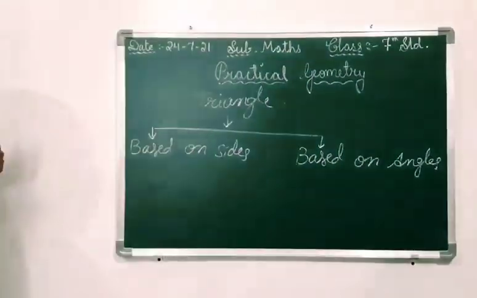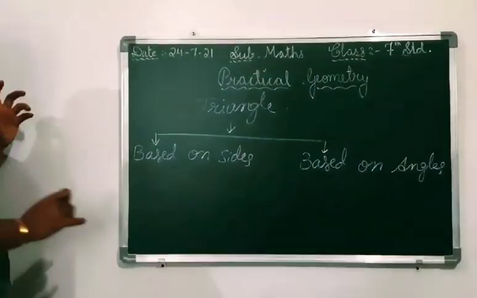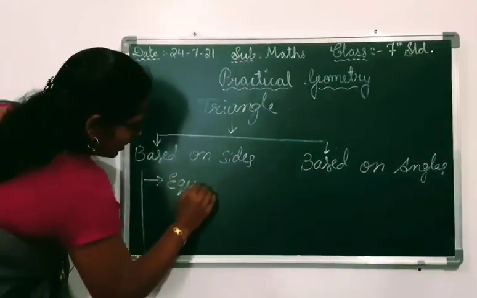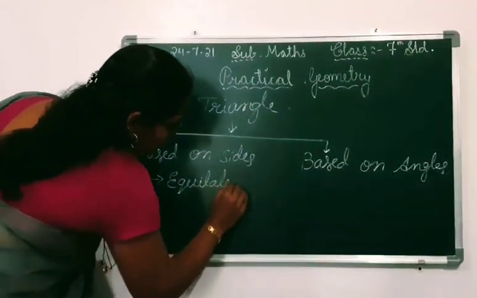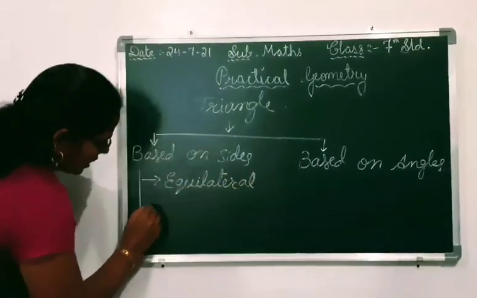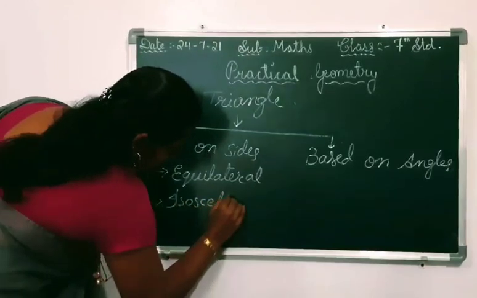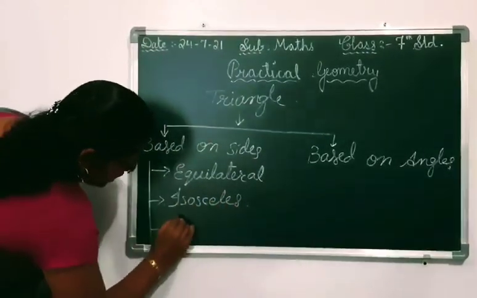Children, hope it's clear. Then based on sides, they are again classified into 3 types. First one is equilateral, second one is isosceles, and third one is scalene.